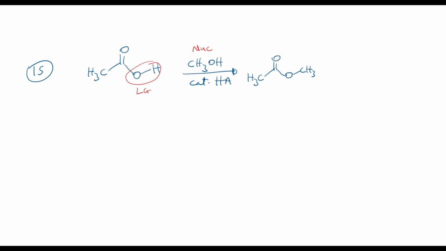So this principle should guide us when we're doing the mechanism of this reaction. However, we know that the OH group is a terrible leaving group. So that has to be converted to a good leaving group first.